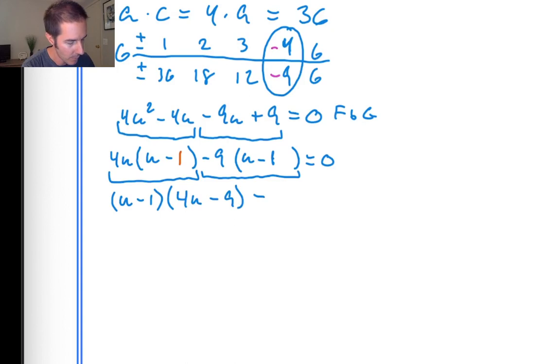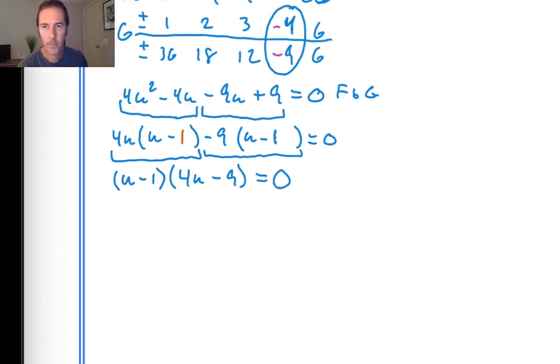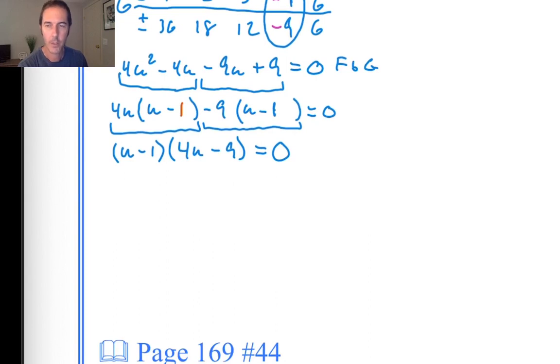This is still the same equation, which means the right-hand side of it still needs to say that it's equal to 0. And then we turn the key on the zero product principle. Let's set these two factors equal to 0. u minus 1 equals 0, and 4u minus 9 equals 0, and then we'll solve each of those.